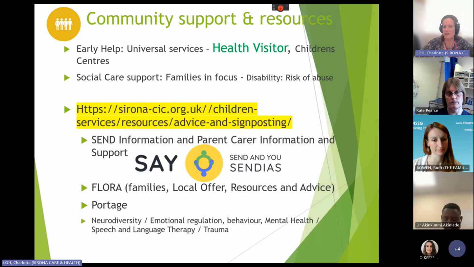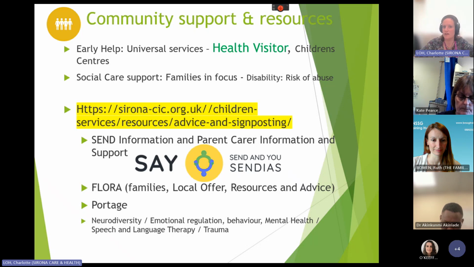And our website now has an excellent resources signposting area. It's built primarily around neurodiversity. Actually, it's a lot more than that now. And I've just highlighted some of the areas that are relevant within developmental impairment. So the parent care information, so Send and You is linked to that.